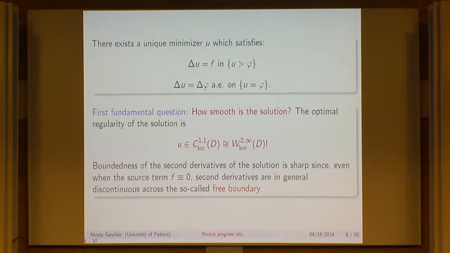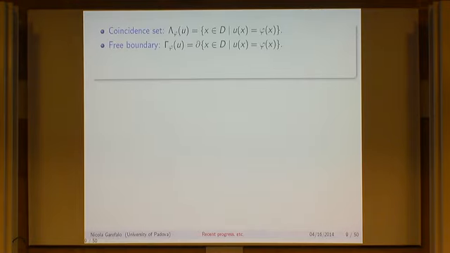The first fundamental question, of course, is how smooth the solution is, and we know that the optimal regularity of the solution is C^{1,1}. Boundedness of the second derivatives is the best that we can hope for. Continuity of the second derivatives is forbidden. They are discontinuous in general across the free boundary. The free boundary is the topological boundary of the coincidence set, the region where u touches the obstacle.